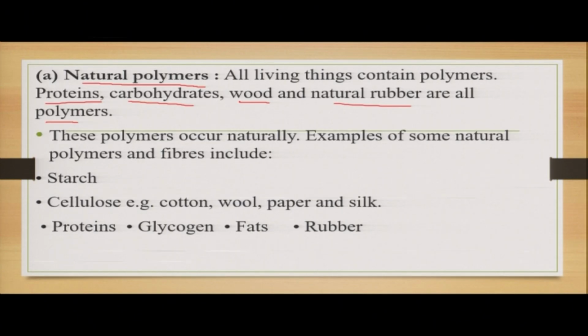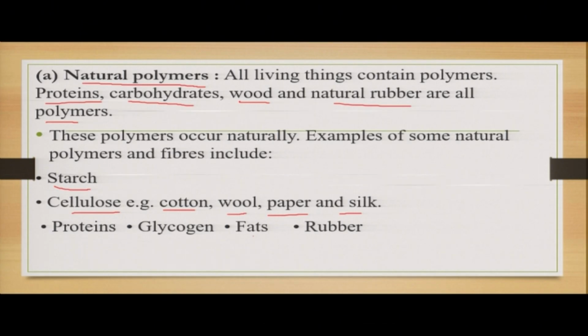Some other examples of natural polymers and fibers: you can have starch, you can have cellulose. Cellulose is found in cotton, wool, paper, and silk. All those contain cellulose. Proteins, glycogen, fats, rubber. When it comes to rubber, we have artificial rubber and we have natural rubber.